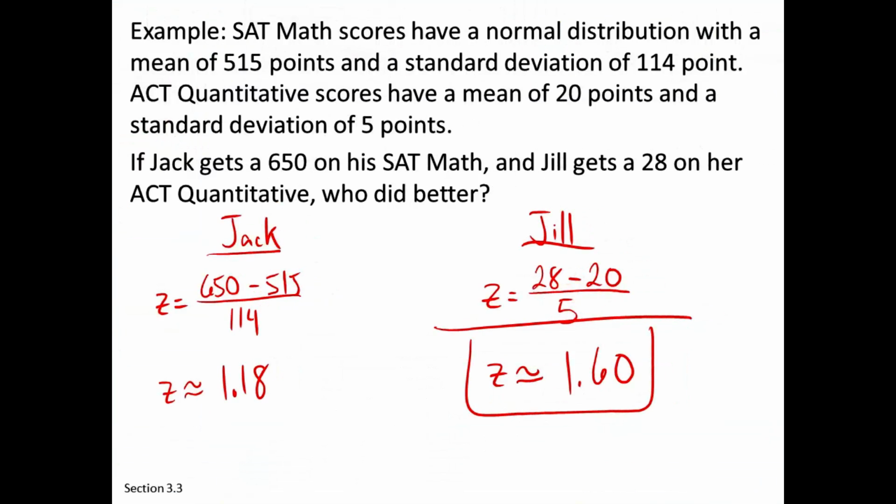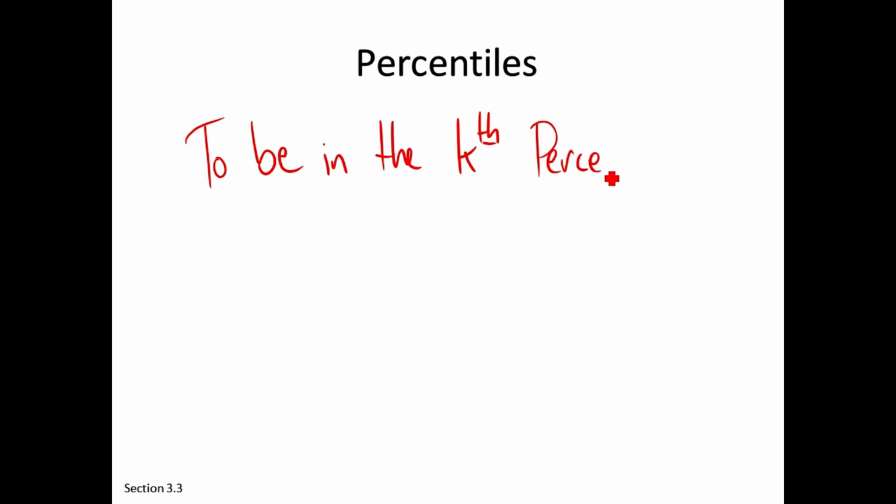Cool. Everybody feel like they can calculate a z-score? I think you can all calculate a z-score. So the other one we were talking about is percentiles. What does a percentile measure? Let's say to be in the kth percentile, what does that mean?